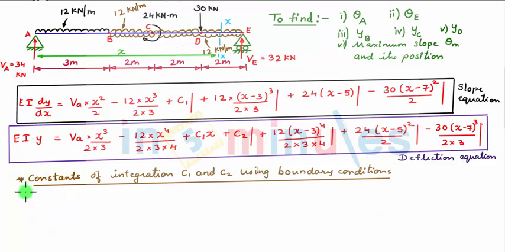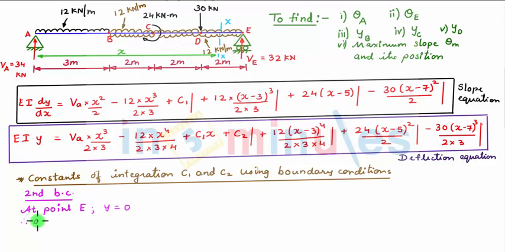Next we apply the second boundary condition, which is at point E. Now at point E, again your deflection y is equal to 0 since point E is a roller support and does not move vertically.